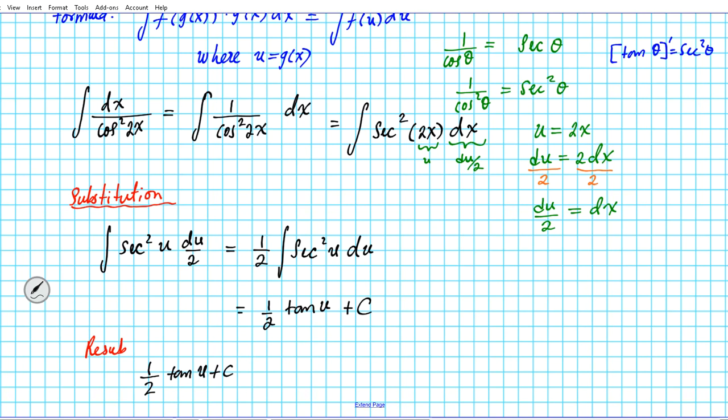Now we're going to resub. We're going to take our u and replace it with the original substitution we carried out, which is now 1/2 tan of 2x plus c. Ladies and gentlemen, this is the final answer to question number 2 on how to integrate using the u substitution method.